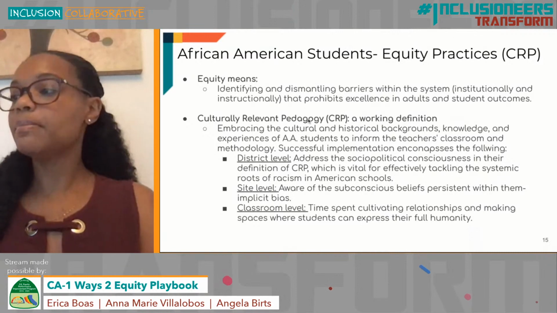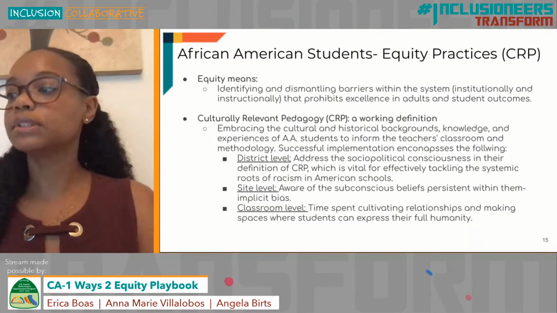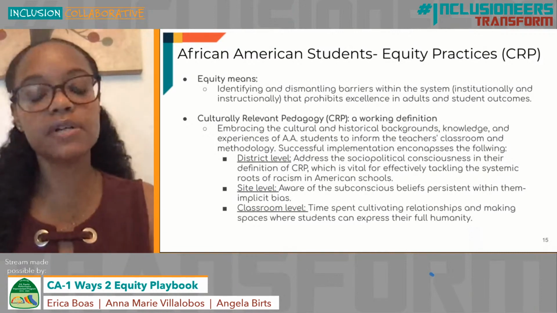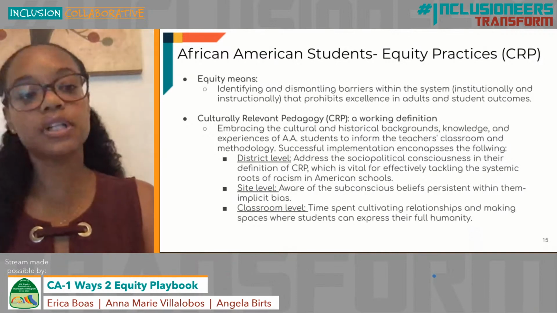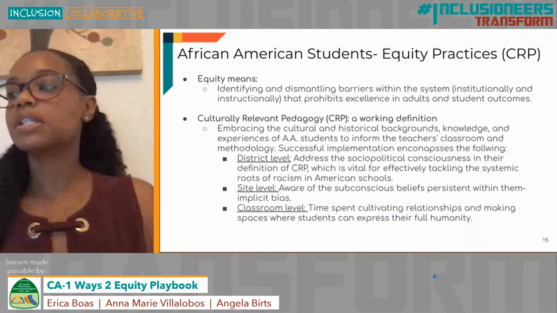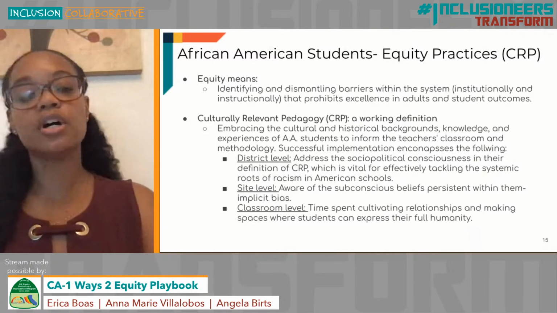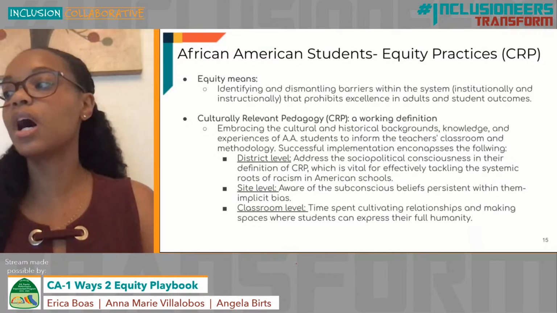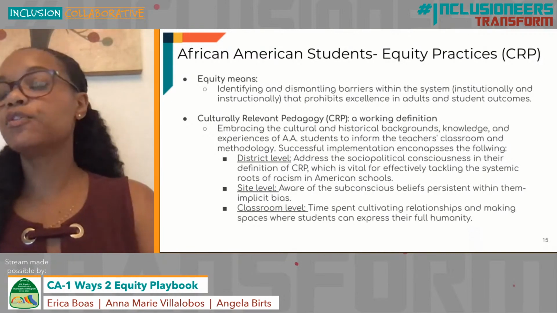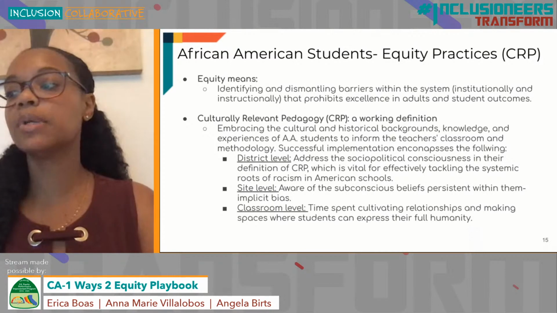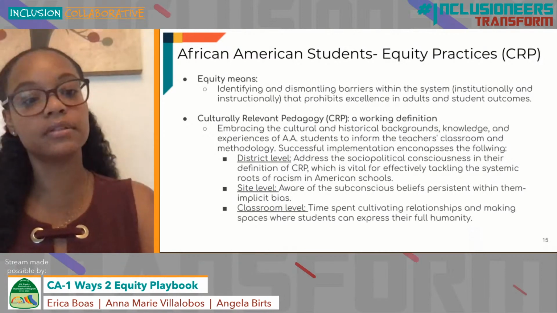In order to implement CRP in schools, it really entails thinking about it from three different angles. First, at the district level, what that entails is that officials are able to address the socio-political consciousness in their definition of CRP, which is vital for effectively tackling the systemic roots of racism in American schools.